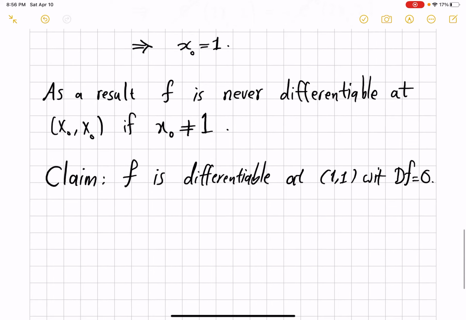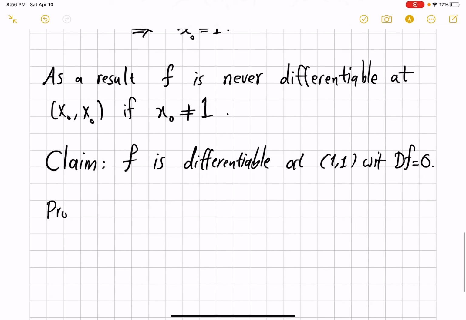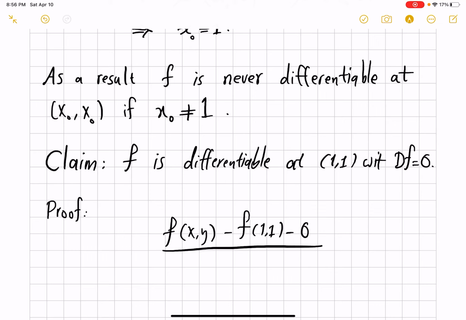So what should we do to prove such a claim? Just write the fraction. So we have to show that f of x, y minus f of 1, 1 minus this suggested derivative, which is 0, divided by the absolute value or norm, say, of (x, y) minus (1, 1), and the limit as (x, y) goes to (1, 1) is 0.